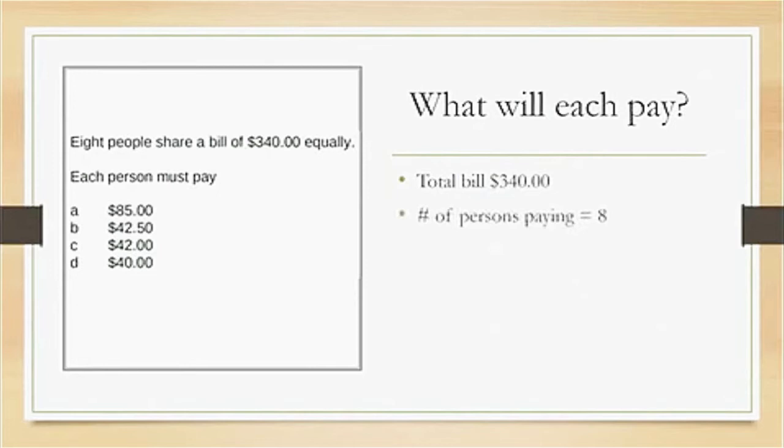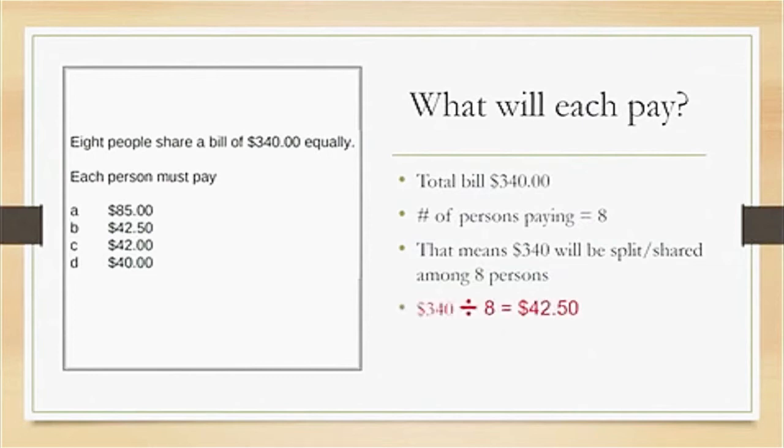So it's pretty simple after that. We're splitting the bill 8 ways. So we're dividing 340 by 8, which gives us $42.50. Each person will cover their portion of $42.50 in order to cover the bill of $340.